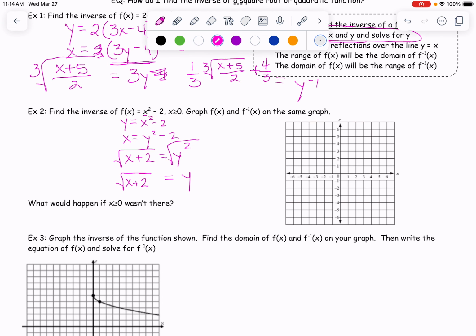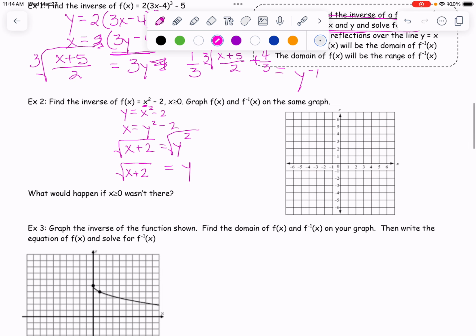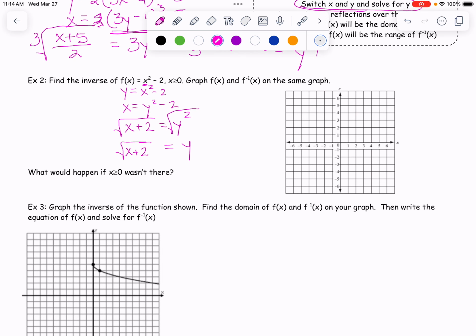So you're going to take whatever this is and set it greater than or equal to 0. So if you will look at your graph, this would be x squared minus 2. That means that it's been moved down 2 units. It's a quadratic parent function.